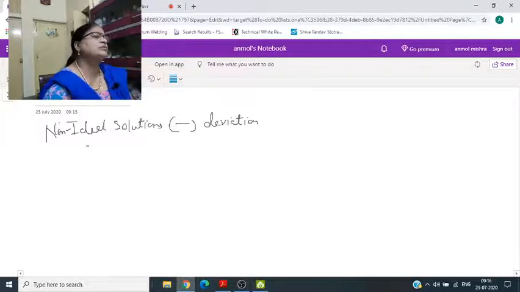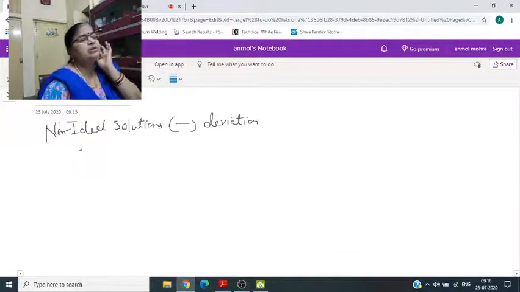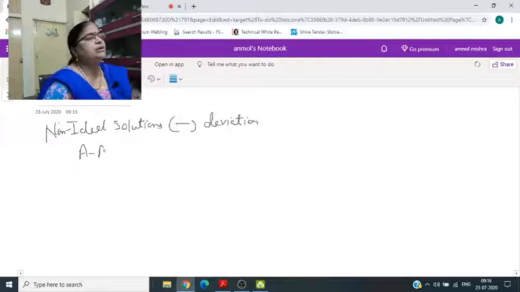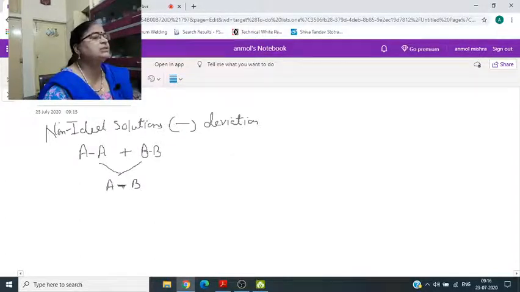Just vice versa, as you studied in positive deviation, the intermolecular force of attraction of AA and BB, and the solution formed will be AB. Now the force of attraction here is stronger and it will be difficult to break, so it will not go easily into the vapor phase. Therefore vapor pressure will be less, and with less vapor pressure, the boiling point is high.